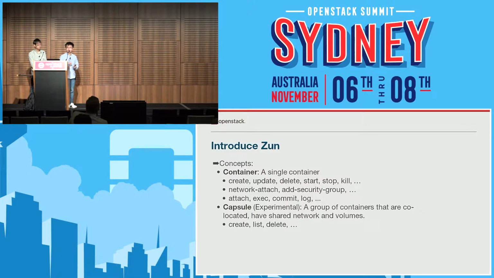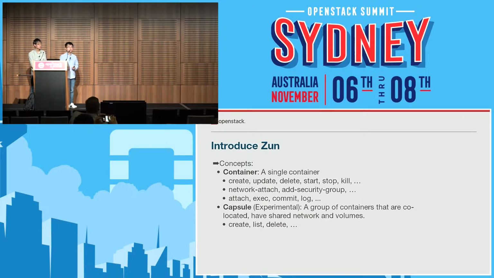For example, you can attach a container to a Neutron network, and you can add or remove a security group for the container. And there are also operations such as attaching to the terminal of a running container, executing a command in the container and retrieving the output, and committing the container and uploading the image to Glance. And this is what the container API is going to offer.